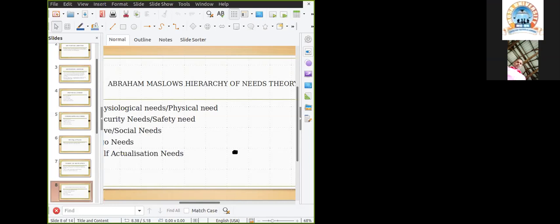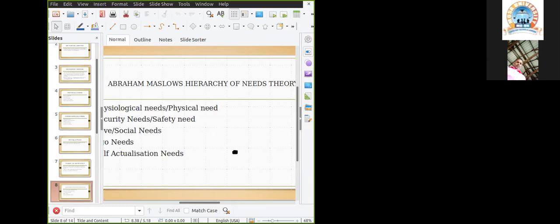And I want you to appreciate that it is referred to as the hierarchy of needs theory, meaning that these needs are in the form of a hierarchy, meaning that you have to meet the first type of needs before you can develop the other type of needs.